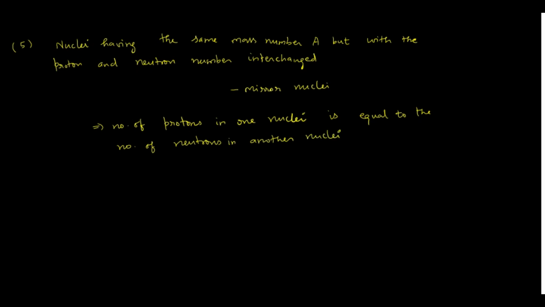Okay, let us see an example for clarification. Suppose we take beryllium 7, 4 and lithium 7, 3. Let us calculate A minus Z, that is the number of neutrons, for this case, which is equal to 7 minus 4, that is equal to 3. Now let us consider the other case, A minus Z, the number of neutrons, which is equal to 7 minus 3, that is equal to 4.